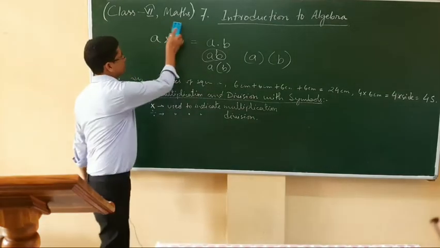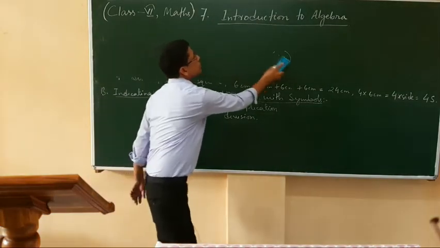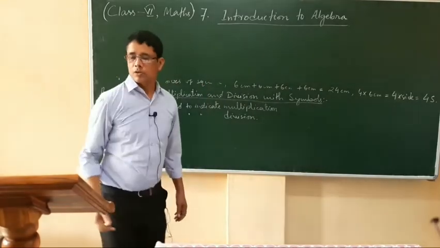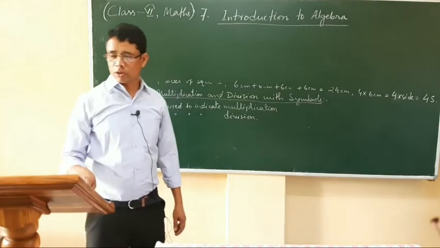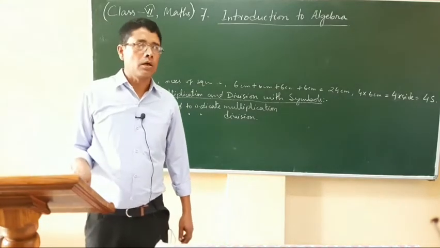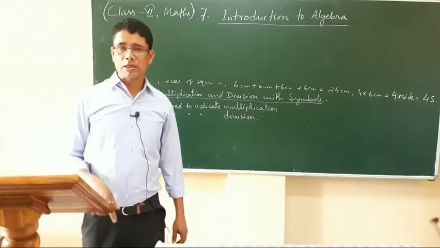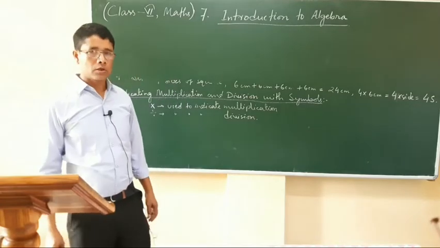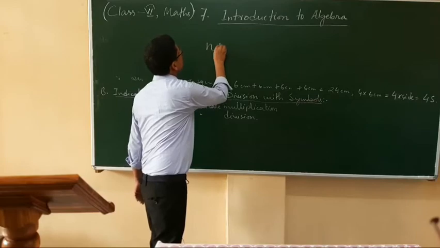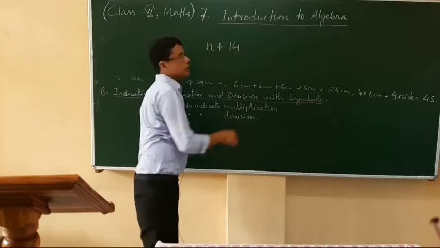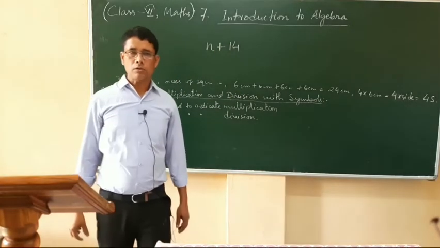Now, we will take a few examples. Okay. So, the first example is 14 added to n. Now, 14 added to n. How to make an algebraic expression out of that? So, 14 added to n means we are adding 14 to n. So, it will become n plus 14.